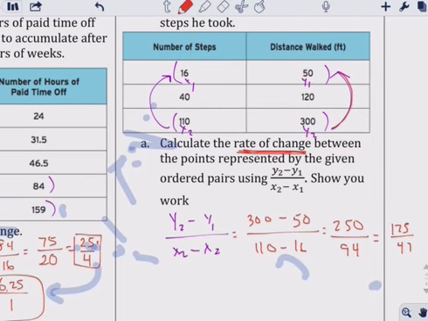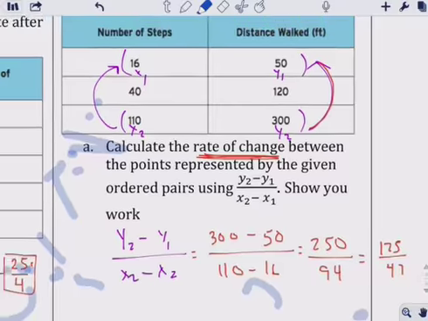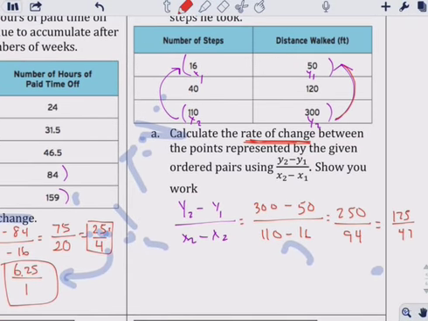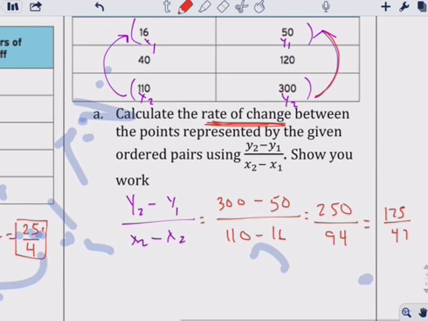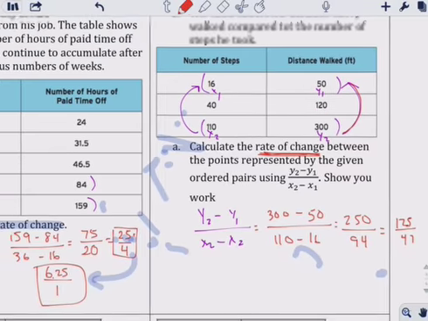This is numbers. This is distance. So if you had to explain this, you went 125 feet in 47 steps. Unit rate then is, calculator, 125 divided by 74 equals 1.68.